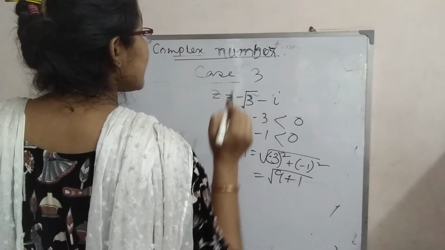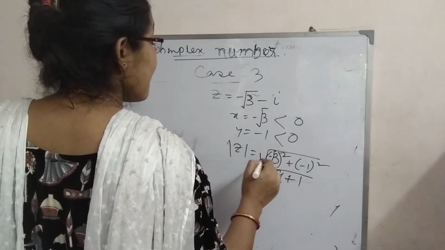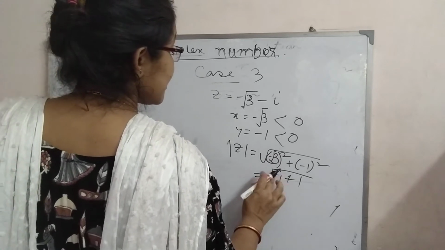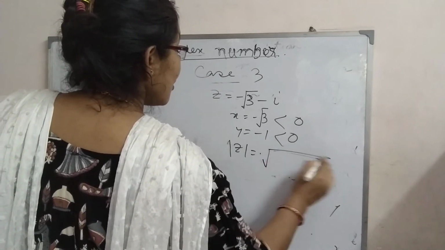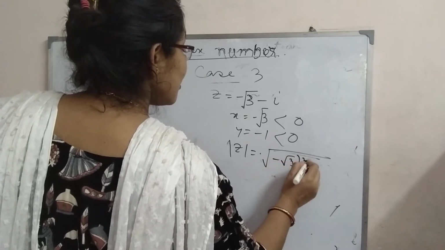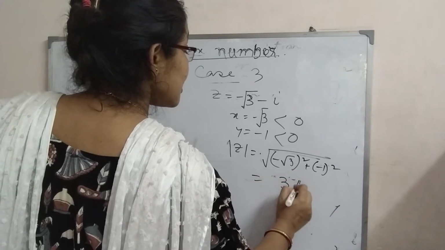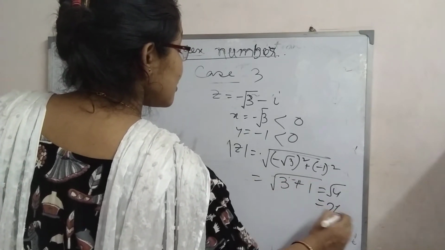I will take minus root 3, so minus root 3 whole square plus minus 1 whole square. This is equal to 3 plus 1, that is 4, so this is equal to 2.